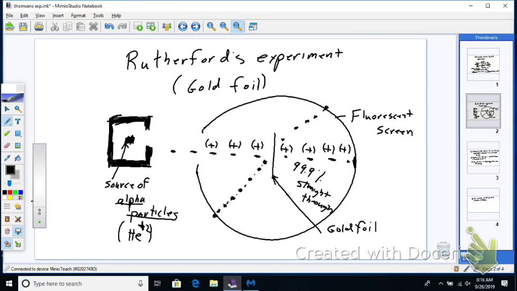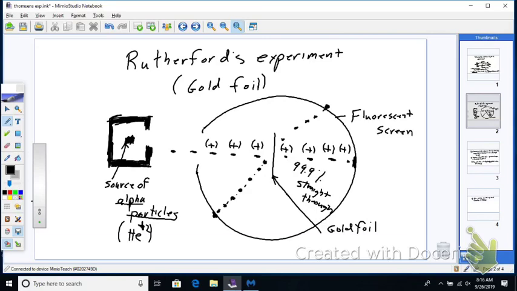We could tell because this fluorescent screen was really brightening up directly parallel to the source. But every once in a while you would have another portion light up, but very, very few.